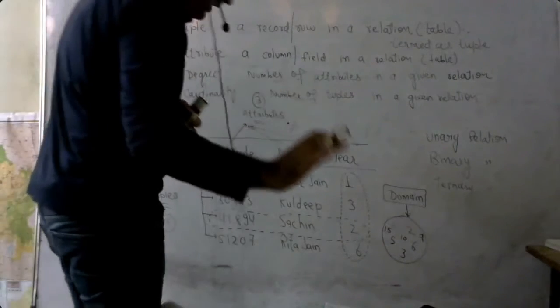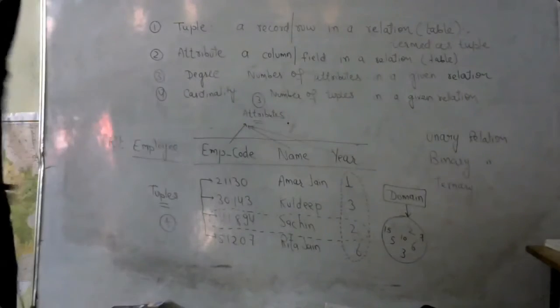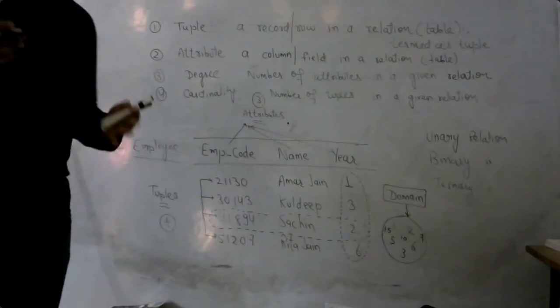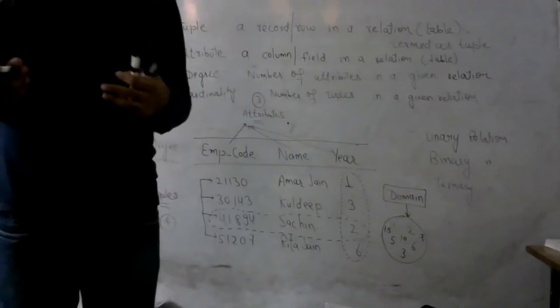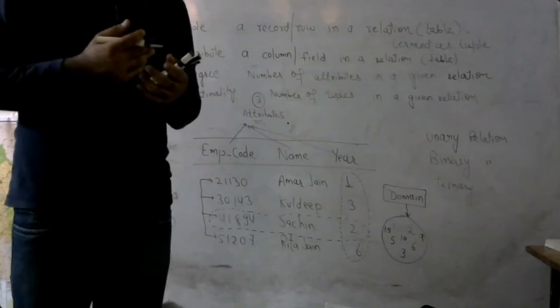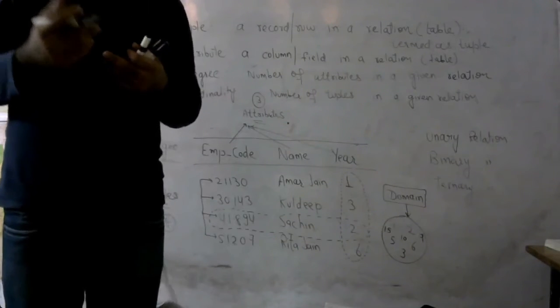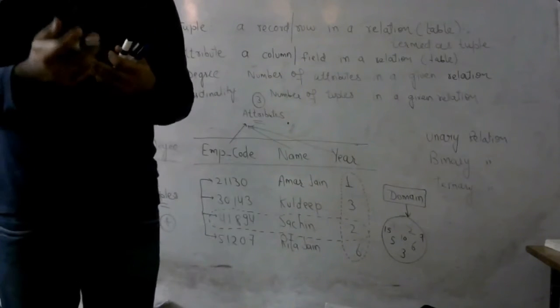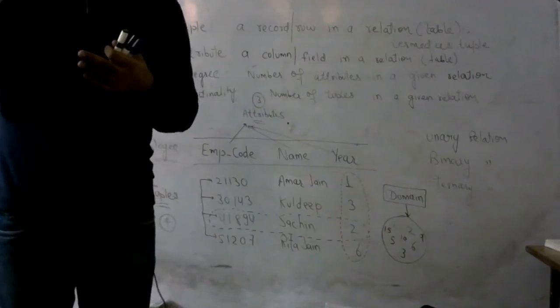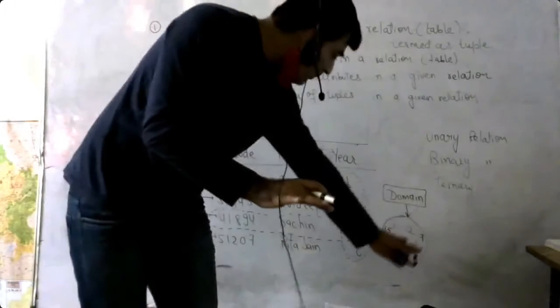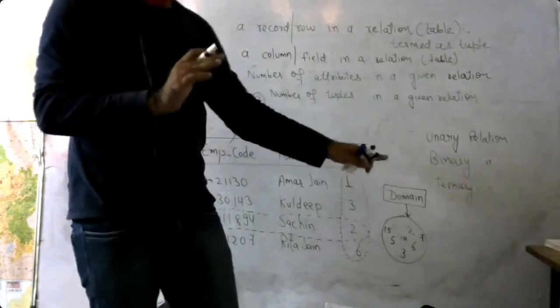Let me tell you once more. Suppose there is a company, and the policy is that a person with minimum experience of 1 year or 5 years can work here, up to 20 years. So the domain of values will be 1 to 20.